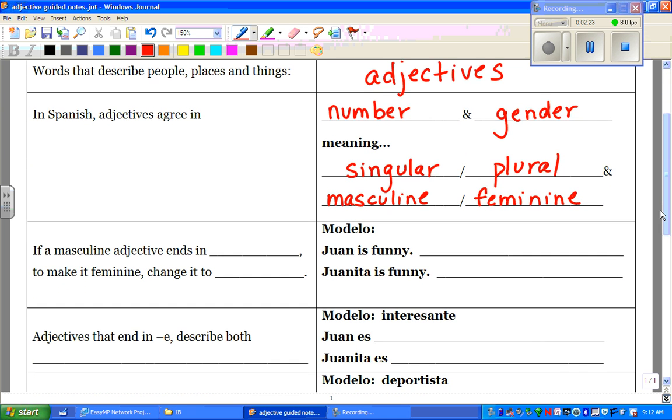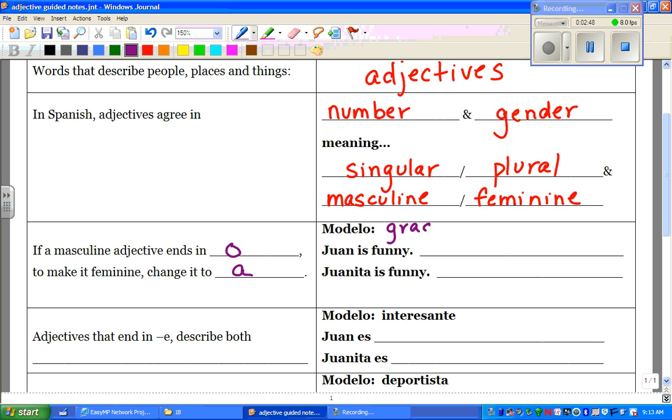So if an adjective ends in O, what do we do, Michael Delgado? What do we do to change it to the feminine if it ends in an O? How do we make that adjective feminine? Good. You change it to an A. Okay? Who knows the word for funny? Gracioso. Okay?